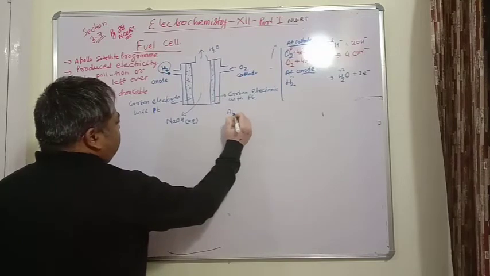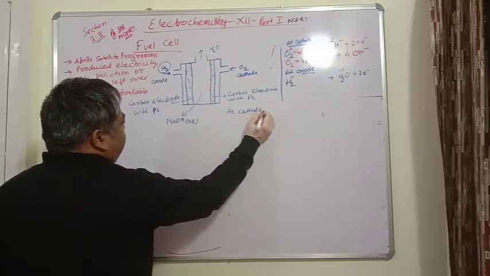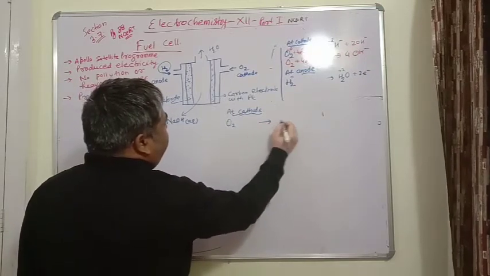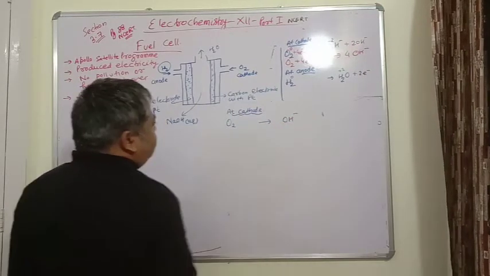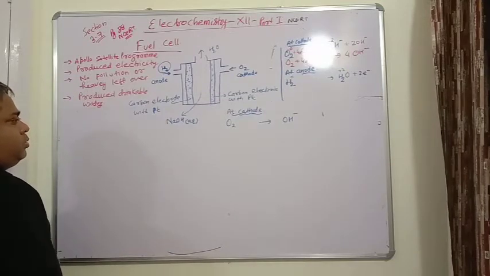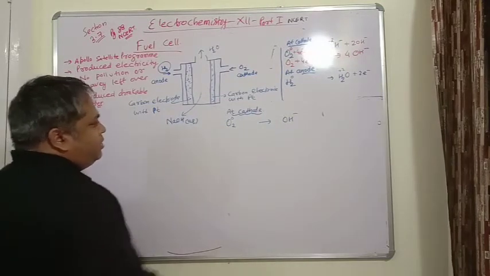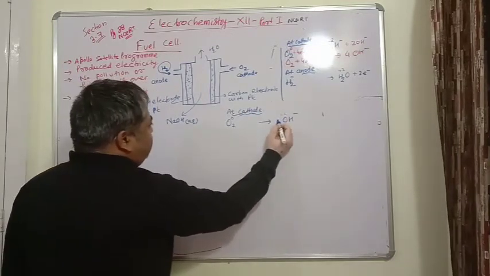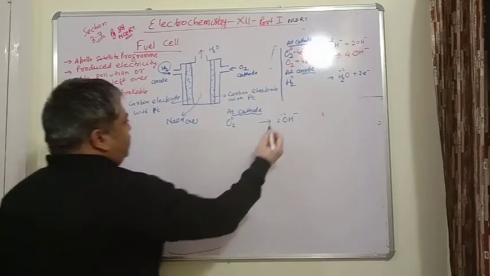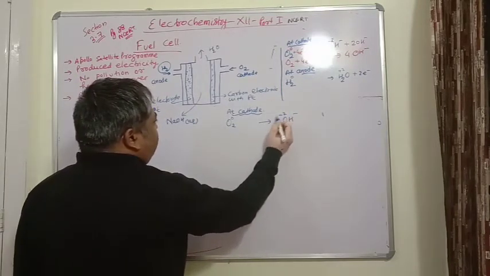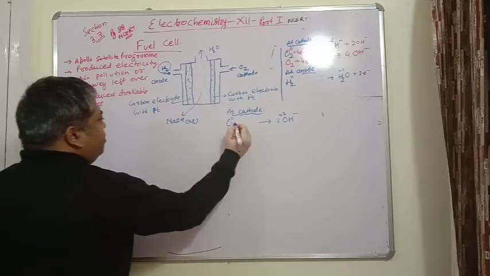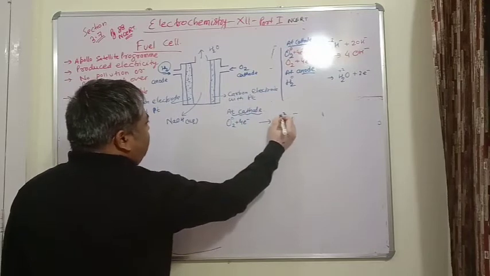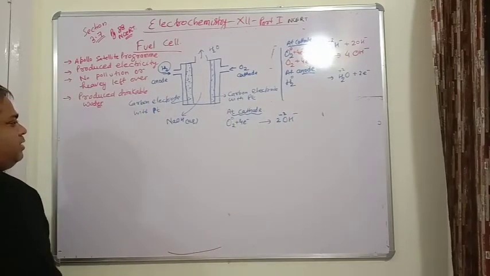So at cathode, O2 became OH minus. So here oxidation number was 0 and here oxidation number is -2, but there are 2 oxygen here, so I will multiply this with 2. So there is a deficiency of 4 negative charges this side, so I will give 4 electrons this side. 2 into -2 is equal to -4, and 4 electrons I have given this side.